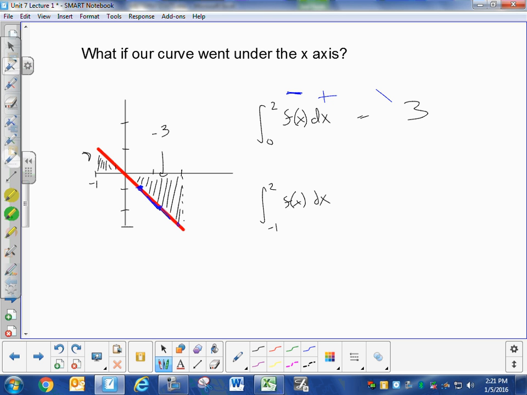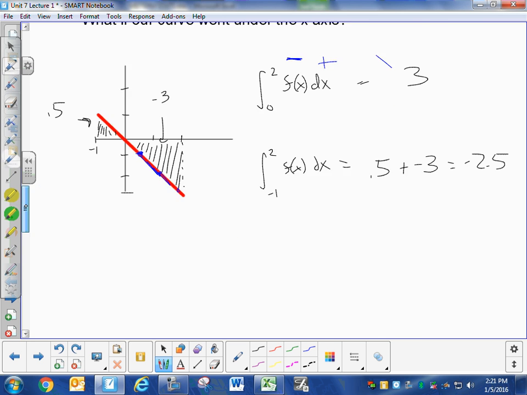I would have to add this positive area here, which would be, from left to right, 1/2. The base is 1, the height is 1. So that would just be 1/2. So I would have that positive area above the x-axis and then the negative area below the x-axis, giving me my answer for the area between -1 and 2.